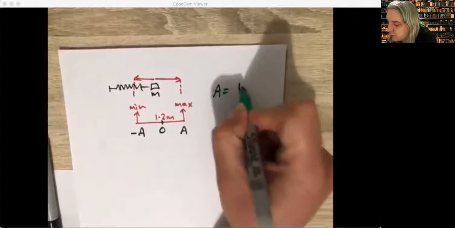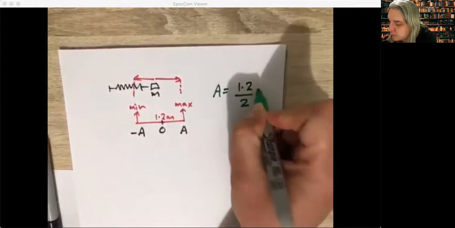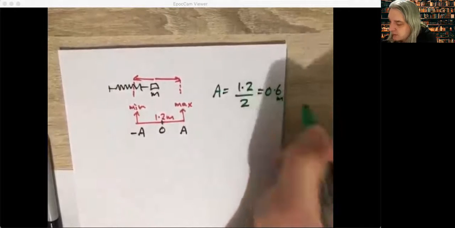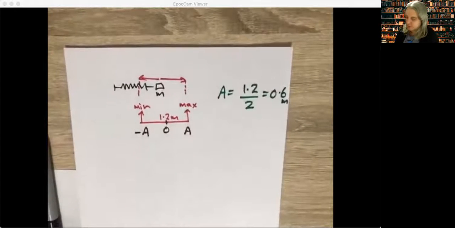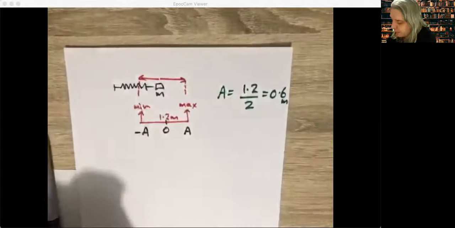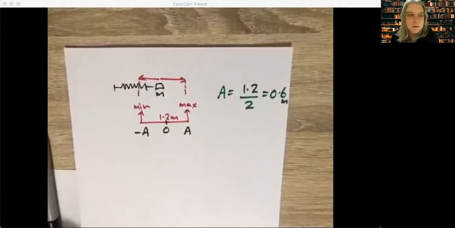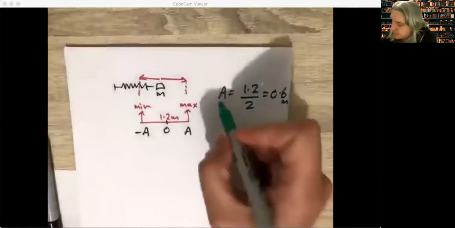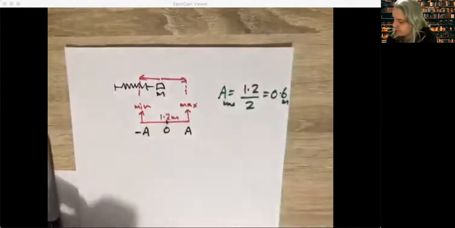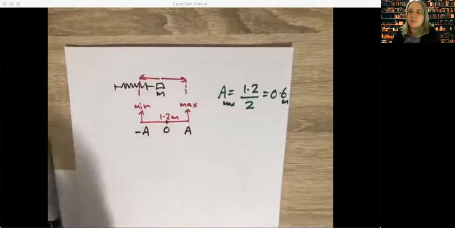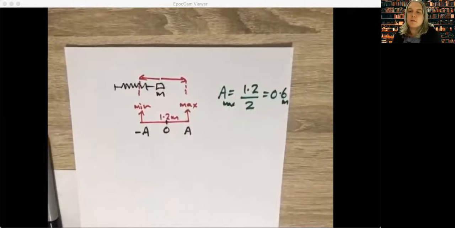So A is equal to 1.2 over 2, equals 0.6 meters. That's our amplitude, the maximum amplitude we can get. So I'll put A max is 0.6 meters. That's the biggest we can allow the driven system to get.